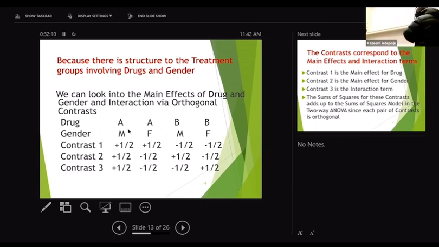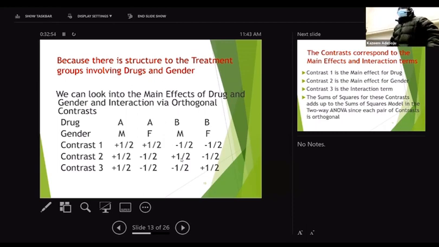For contrast two, look at that, plus half on A and plus half on B, which is drug A for male and drug B for male. I use drug A for male, and I use drug B for male. Then I reproduce that for female.